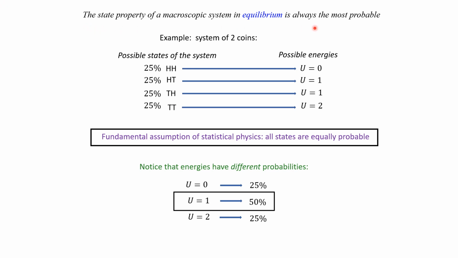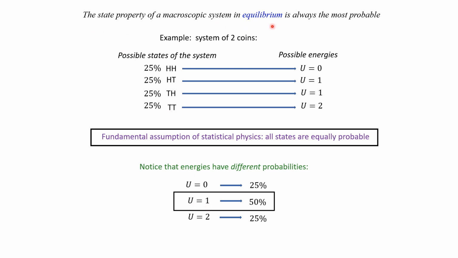Now let's see how this principle applies to our example. The principle states that the state property, in our example the energy, of a macroscopic system in equilibrium is always the most probable. So the most probable property in our example is energy equal 1.